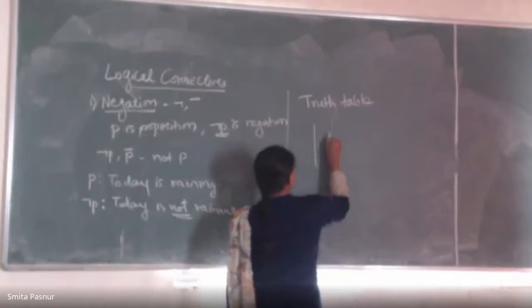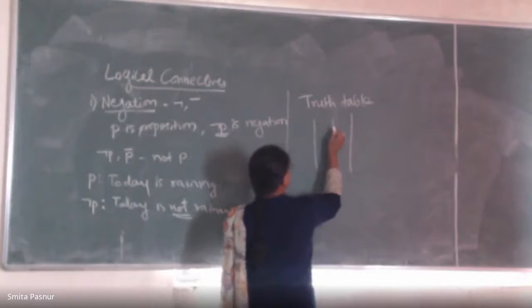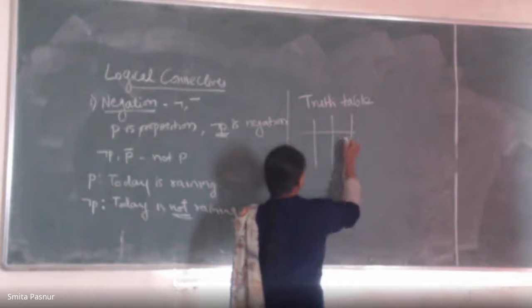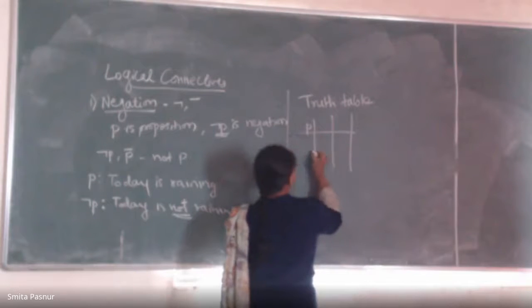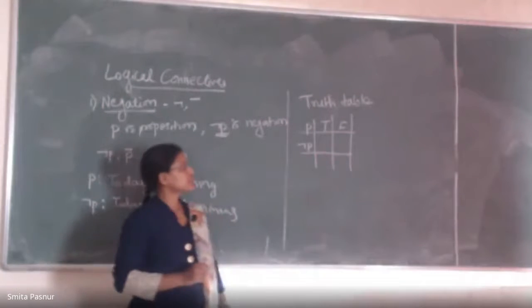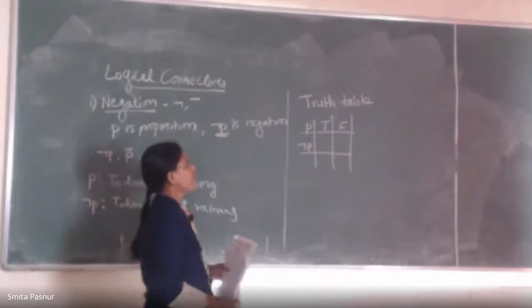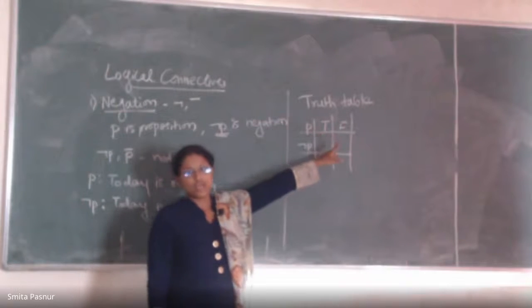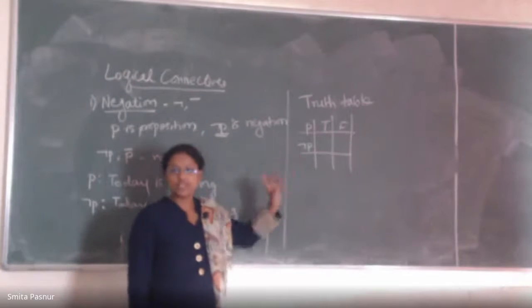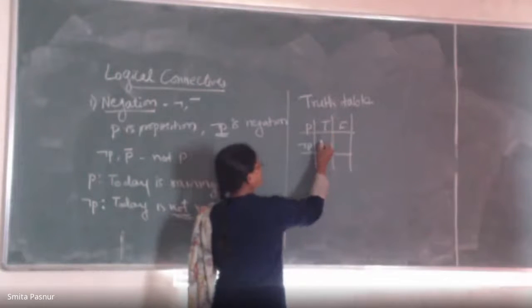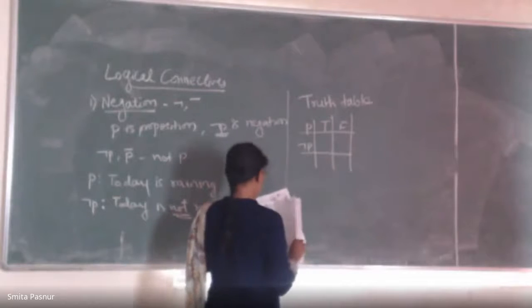In case of negation, here P is there. P has the values true and false. So what will negation P have then? Negation P will have exactly the opposite of it. If P is true, then negation P will be false.